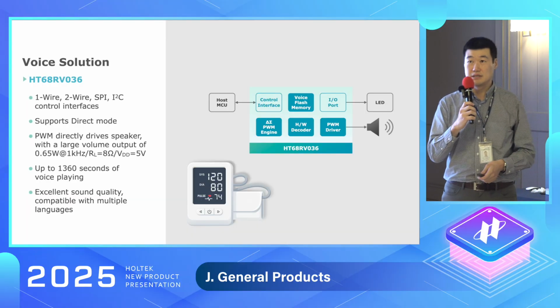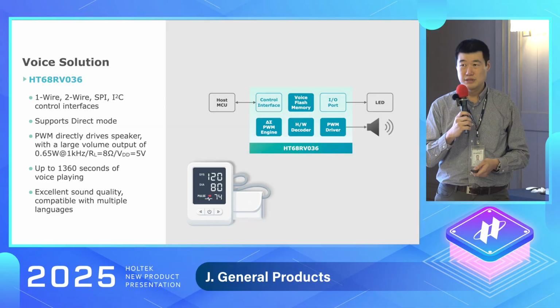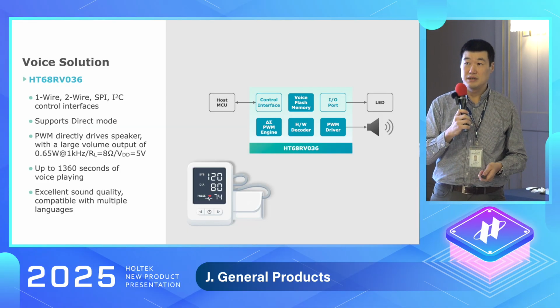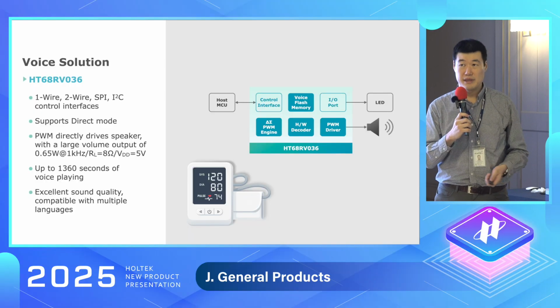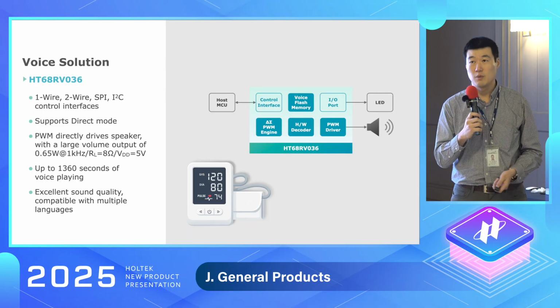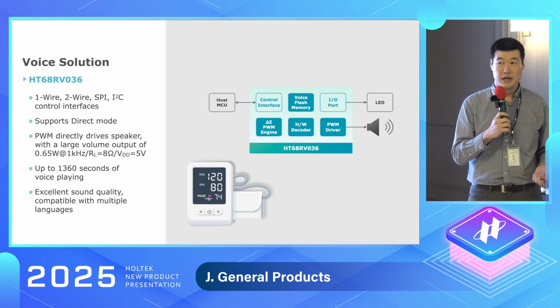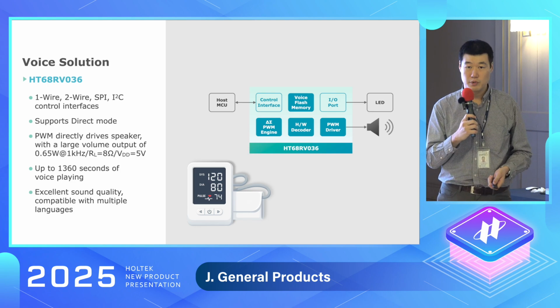Let's take a look at the solution. Normally, you can see our MCU is just like a voice player. If you want to pair with a host MCU, we support one wire, two wire, SPI, and I2C interfaces. If you don't want to pair with an MCU, we can support direct mode.